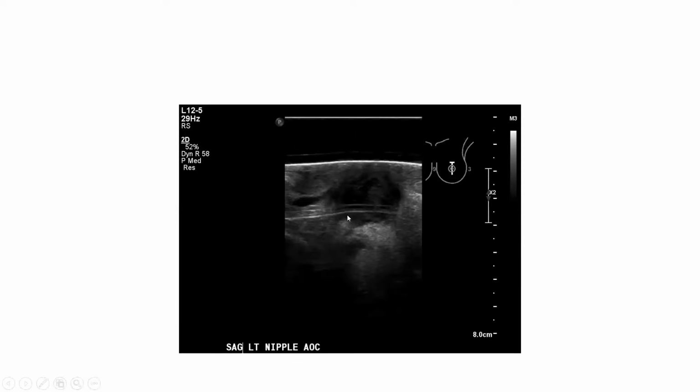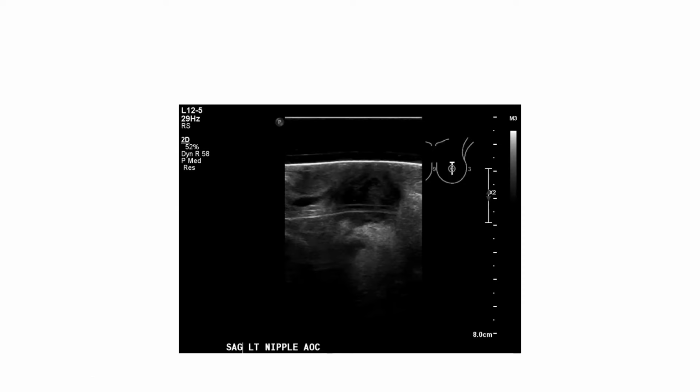Now, reverberation artifact occurs when the ultrasound pulse is trapped between two strong parallel reflectors, right? The wave reflects back and forth between the strong reflectors, and the waves that return to the transducer are interpreted as coming from deeper structures since they arrive at the transducer rather late, right?